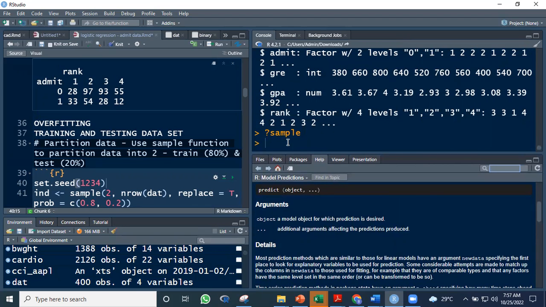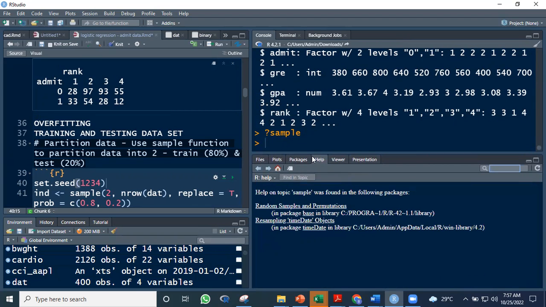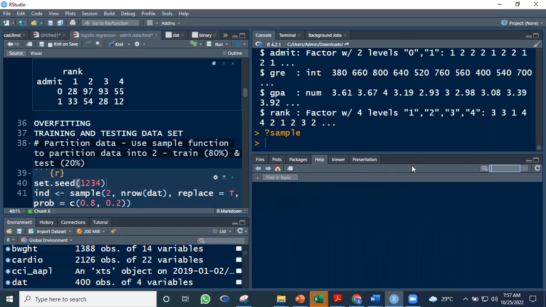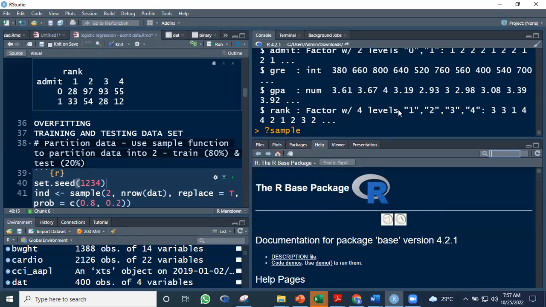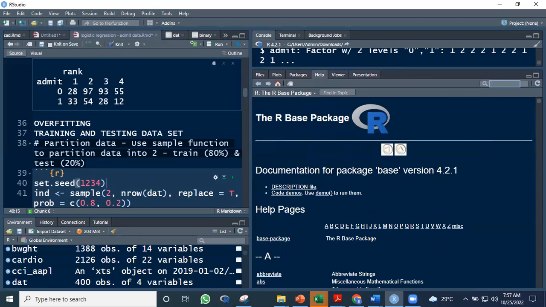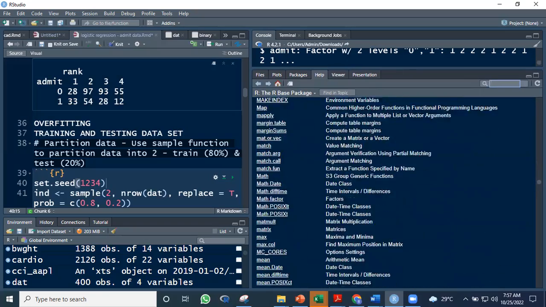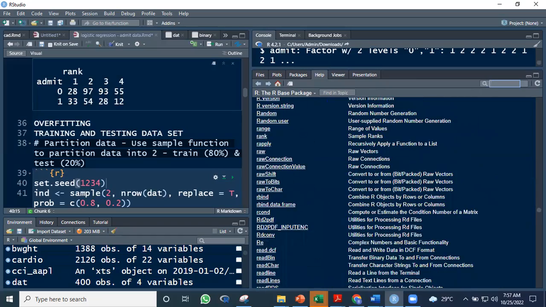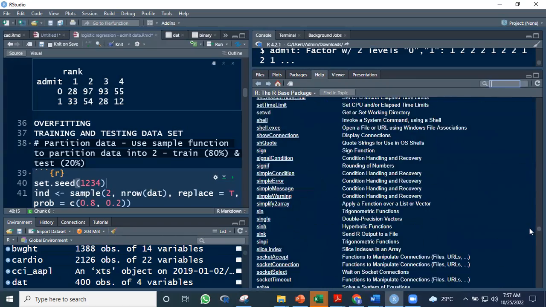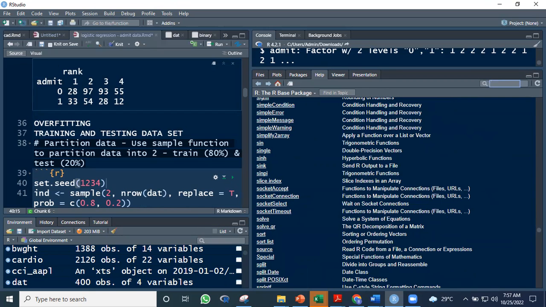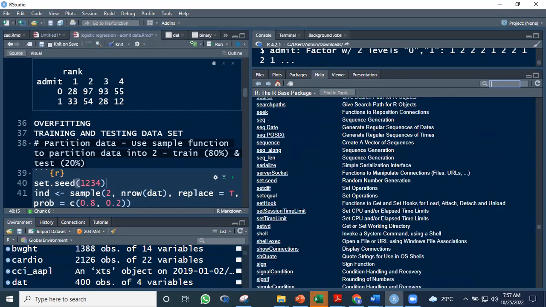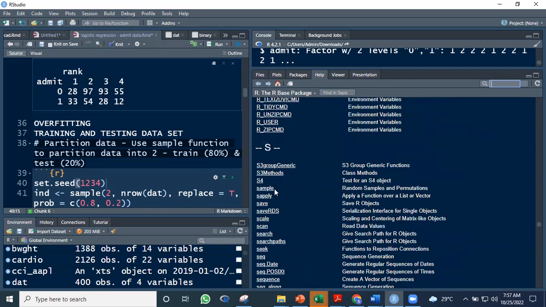Stats package yata itong sample. Ito sa base R. Okay, so base R. Here.